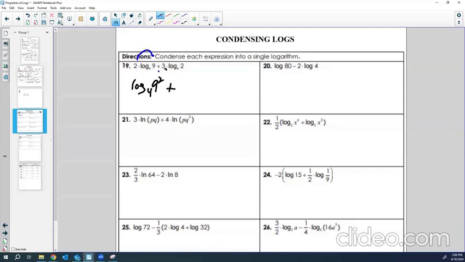This goes where? Exactly. So that becomes log base 4 of 2 cubed. What is 2 cubed? 8.